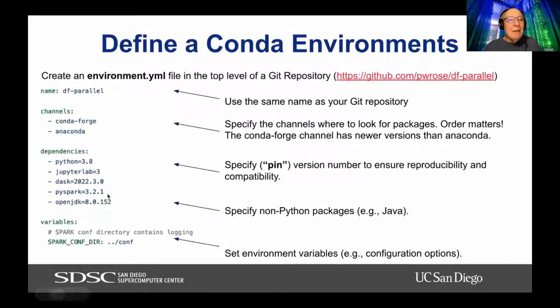So this is where the version control comes in. I say, okay, we use Python 3.8, and this is important too: in your Conda environment, you need to include, for example, JupyterLab, because the Galileo script does not know anything about Jupyter. So this is required to run this on Expanse. You need to include this here, and this is where I specify the version.